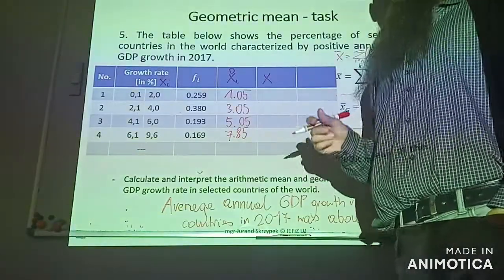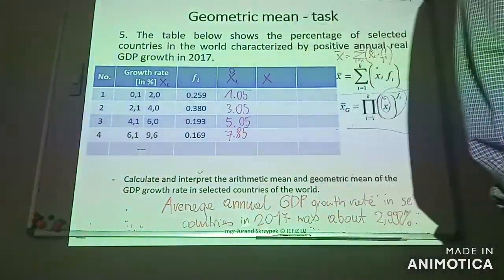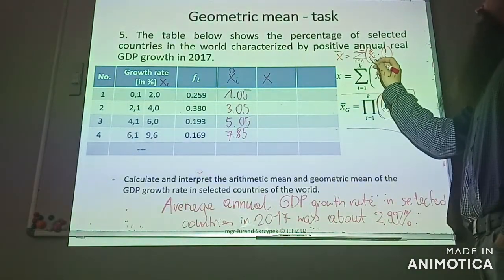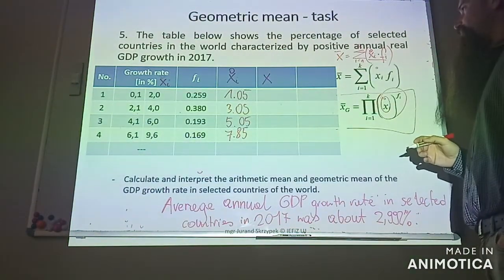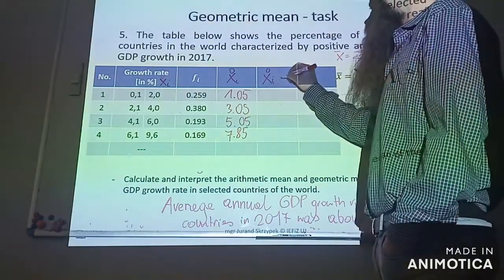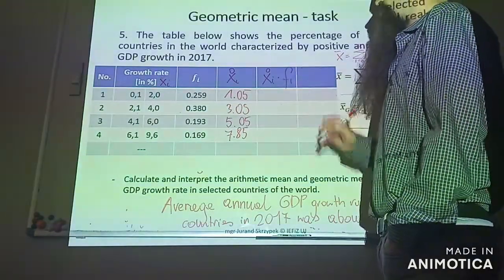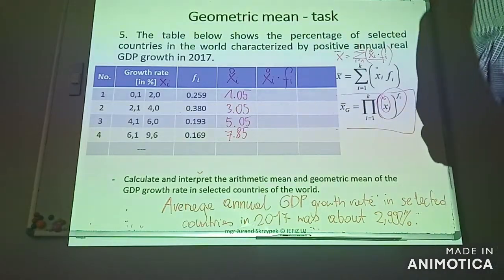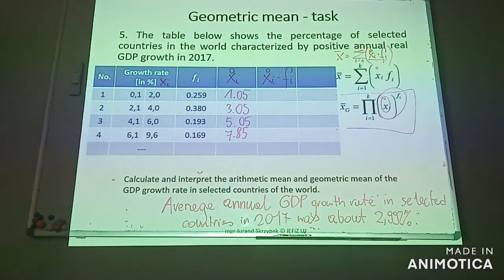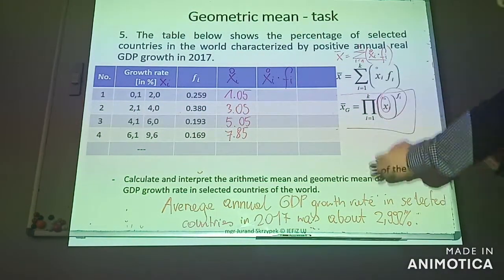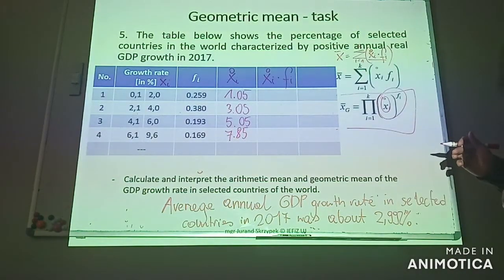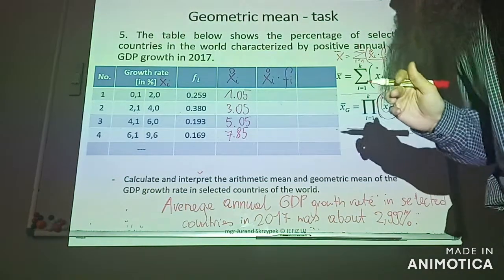So, in order to compute the arithmetic mean, we need this kind of column: the middle of the classes multiplied by relative frequencies. And we will be able to compute the arithmetic mean, and after that we will make a comparison between the geometric mean and the arithmetic mean.